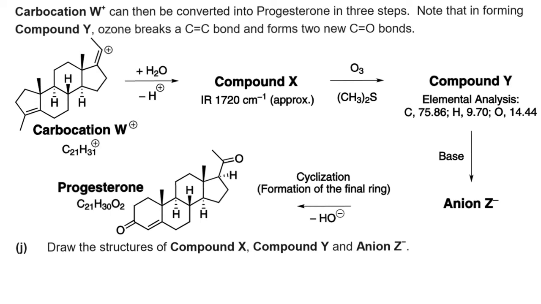So we'd expect to see some kind of carbonyl in compound X. Looking back at carbocation W+, there is no oxygen in this molecule currently, so it's clear that will have to come from the water that we're reacting with. The only reaction centers here are the 2 double bonds, and this double bond is different. Now, if you were to protonate a normal double bond, you'll just form an OH group. You won't end up with a carbon-oxygen double bond.